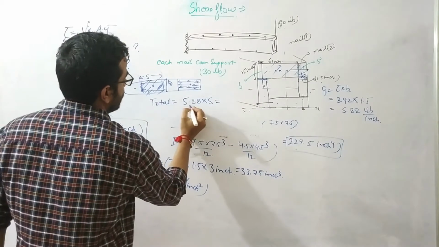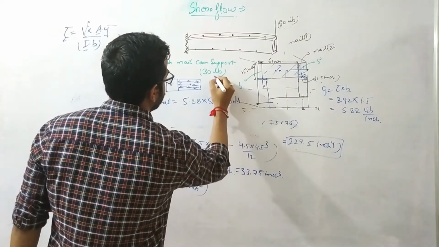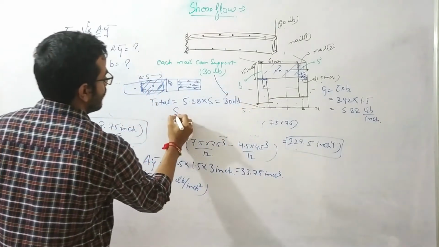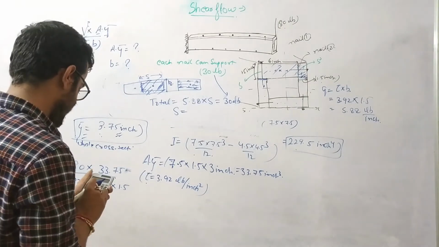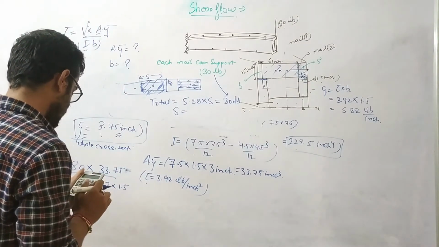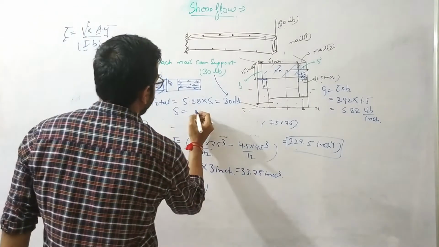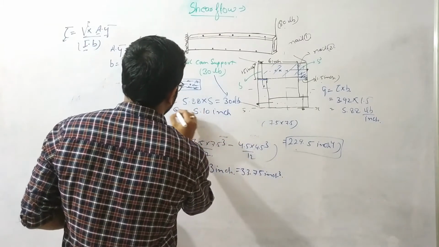So the allowable shear force for the nail is 30 lb. This value is given. So from here we can find the spacing of the nail, which is 5.1 inch.